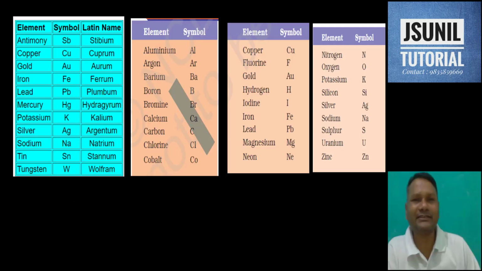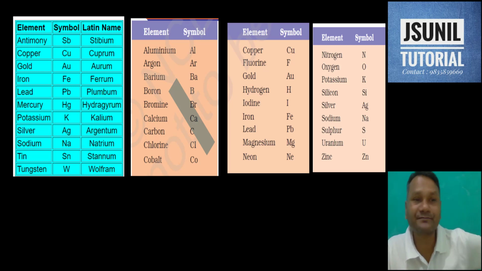Now here is a list of the symbols of the elements, and we should remember the Latin names of the elements. Like antimony, the symbol is Sb and the Latin name is Stibium.